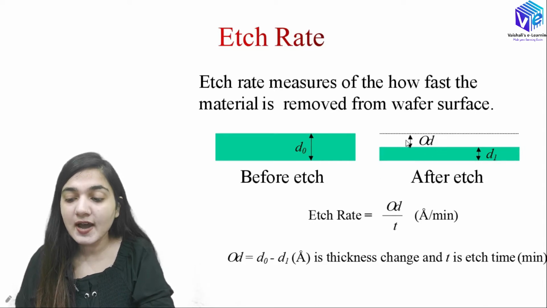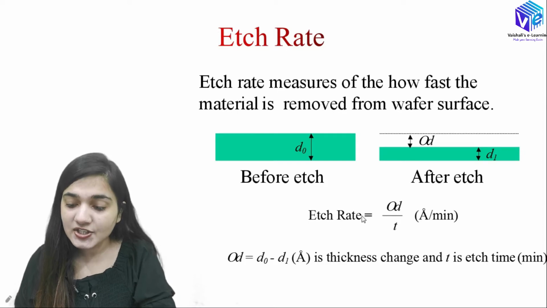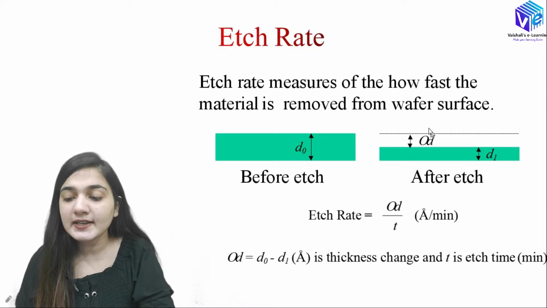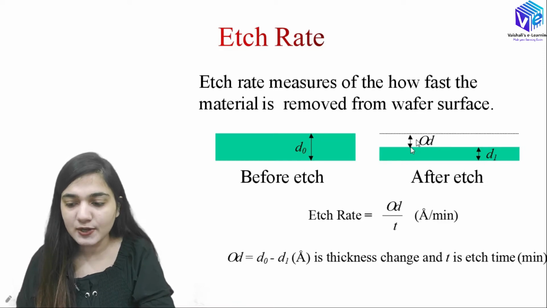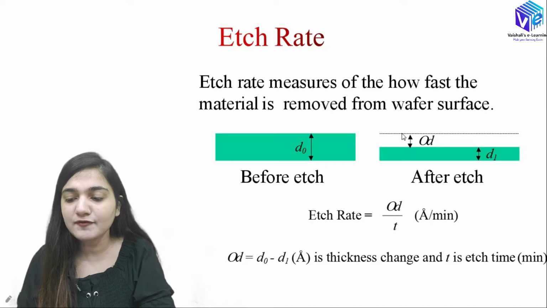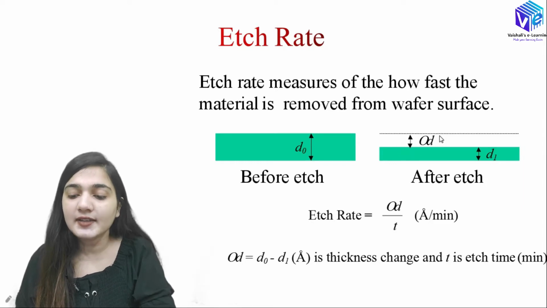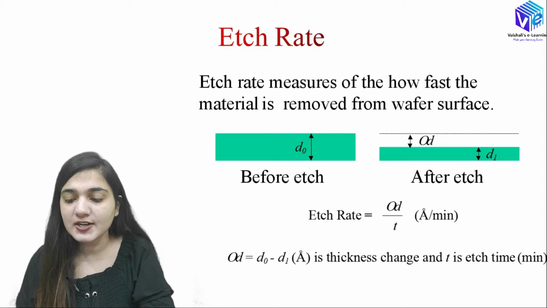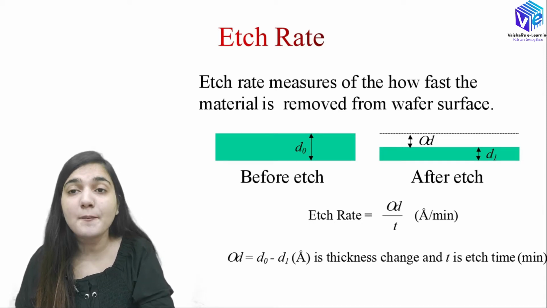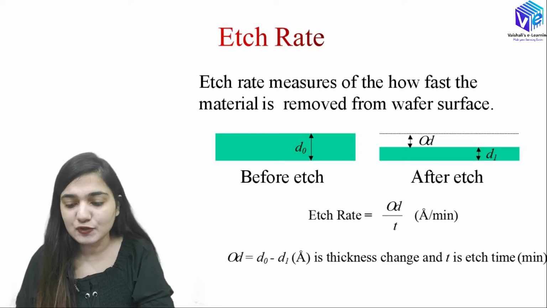You can see here that etch rate will be equal to the material depth that is removed per unit time. So the depth that is removed is ΔD. This is the removed portion and from here I can calculate the etch rate. So etch rate is ΔD upon T. It is measured in angstrom per minute.